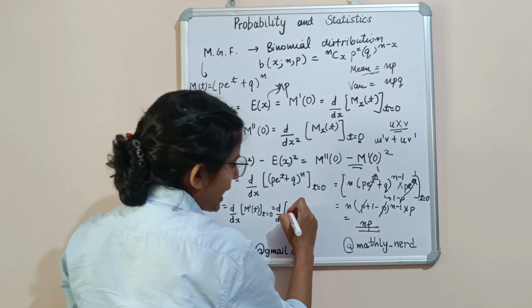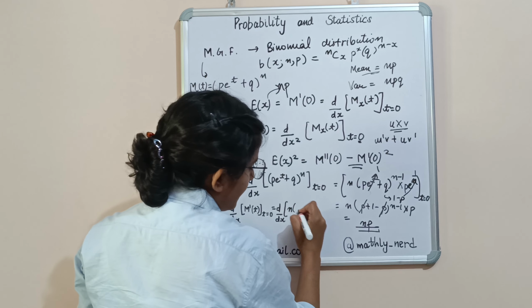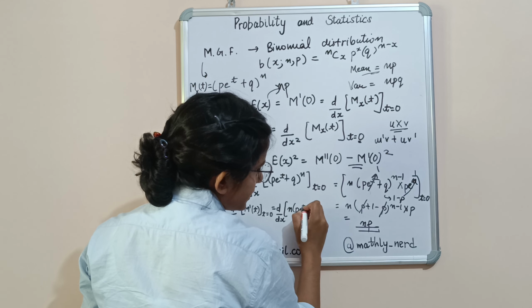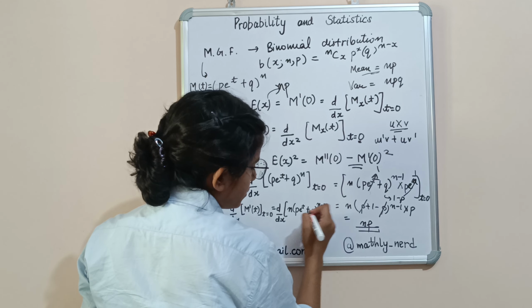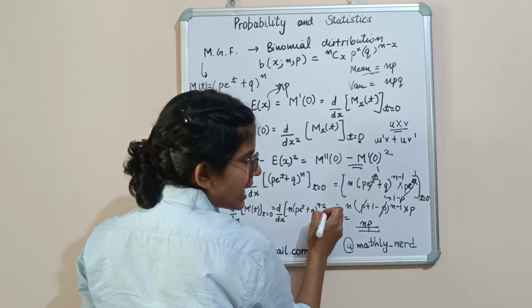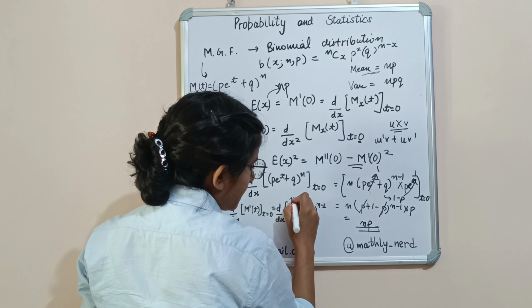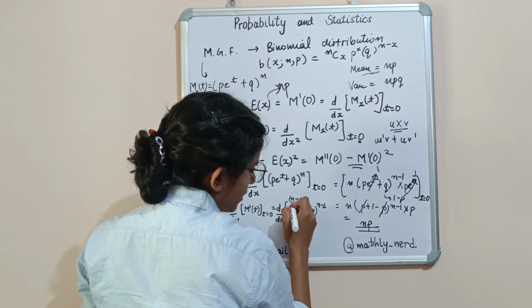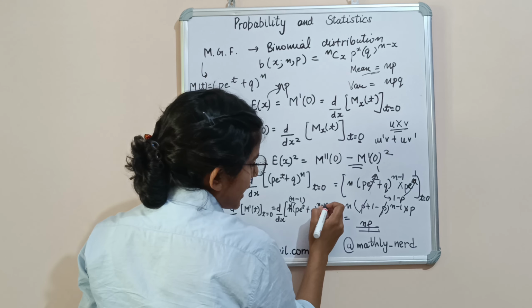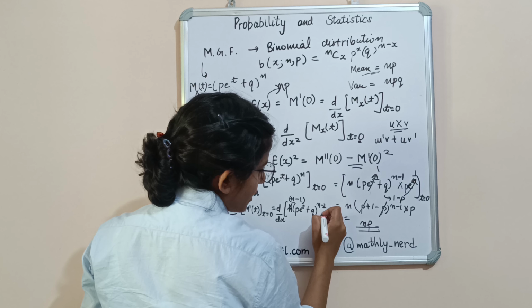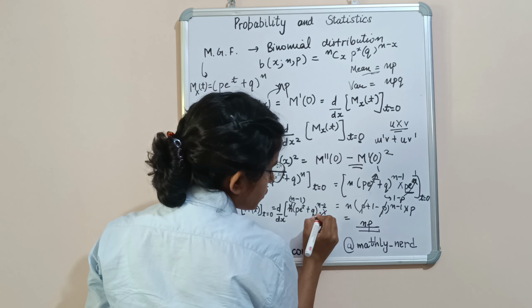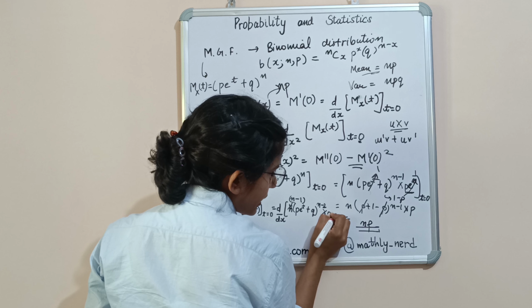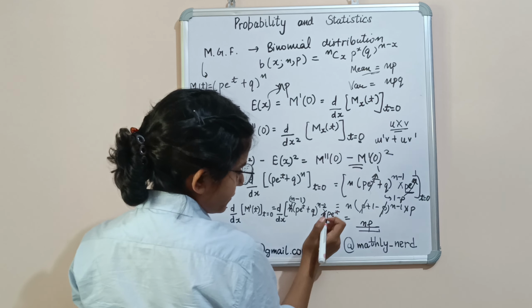So this will be n times (pe^t + q) raised to the power n minus 2. Now this power was n minus 1, so this will be multiplied before here, and again this will be multiplied by our v. So this will be pe^t.